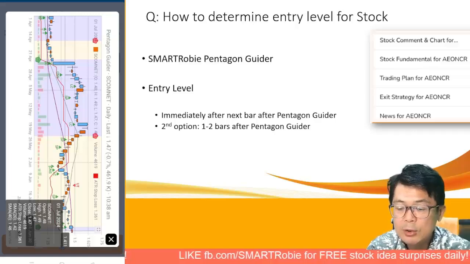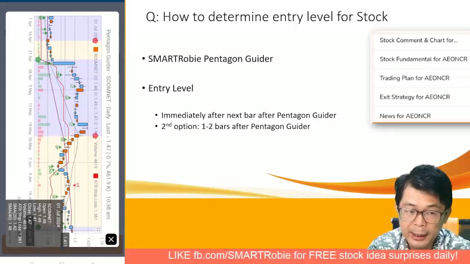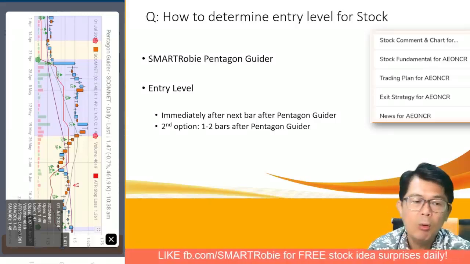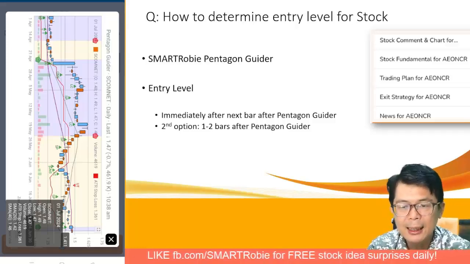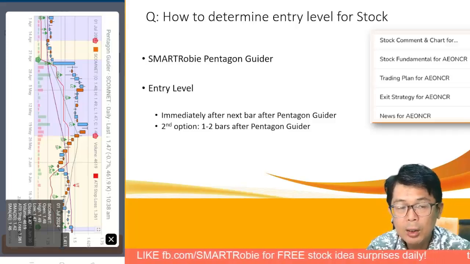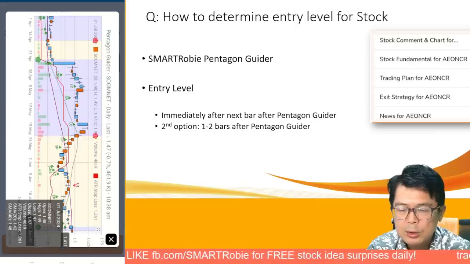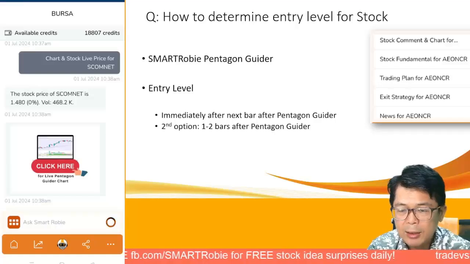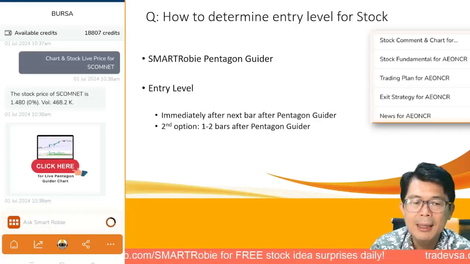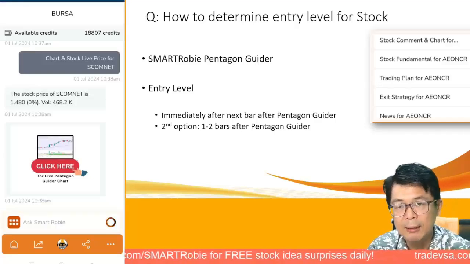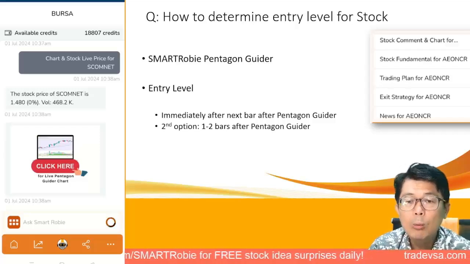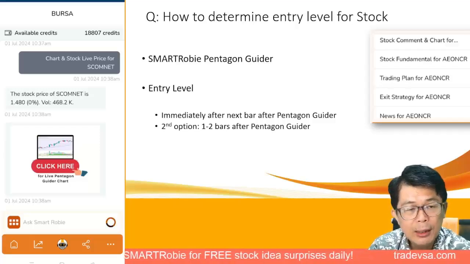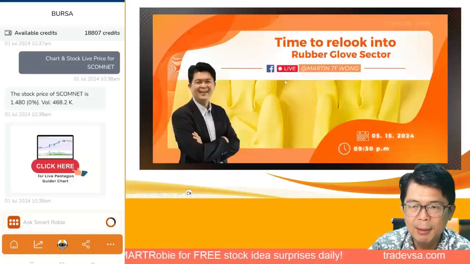If the SCOMNET green pentagon came out on Friday, then today, Tuesday or Wednesday, you can actually enter after the pentagon guider. So good work, good trade. And of course, do take note, the background right now for the KLCI is a red pentagon, so pentagon guider may be insensitive for the time that you see in here. So that's how we do our entry level for the stocks that you see in the market.